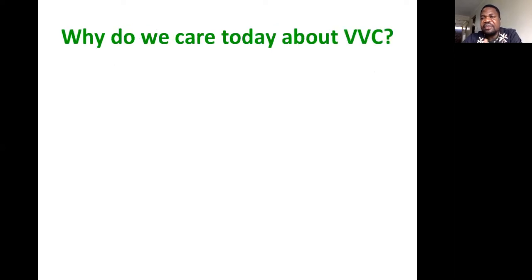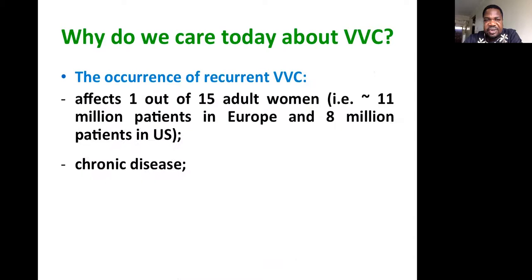So why do we care today about vulvovaginal candidiasis? It's mainly because of the recurrent condition that affects 1 out of 15 adult women, and it costs a lot of money to manage those cases because it becomes a chronic disease.